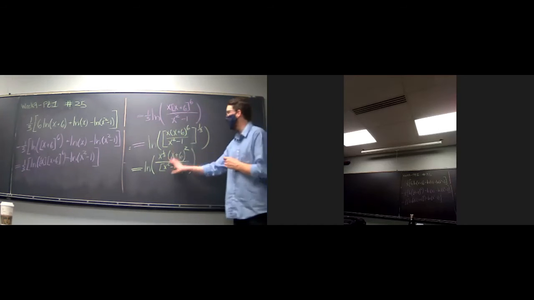And that's it. It is as simplified as we're going to get it, at least insofar as what I see. We might be able to do some more simplification inside, but this is where we're going to stop for right now with this problem.